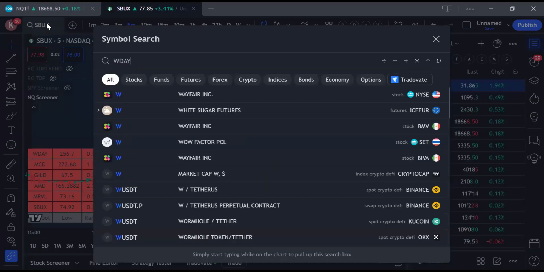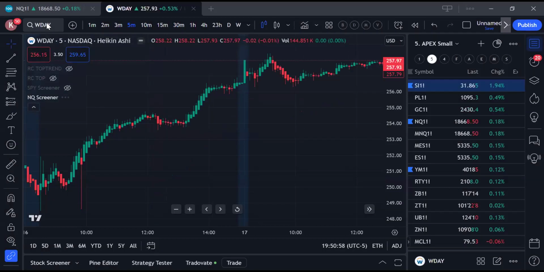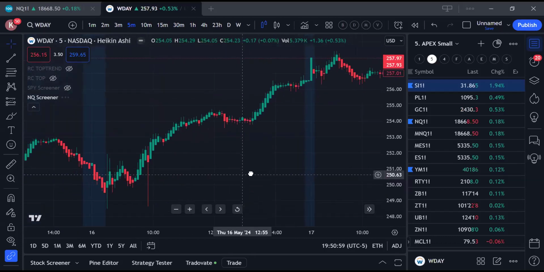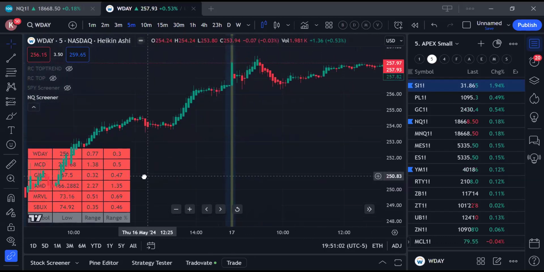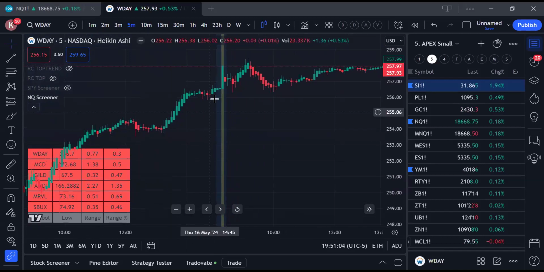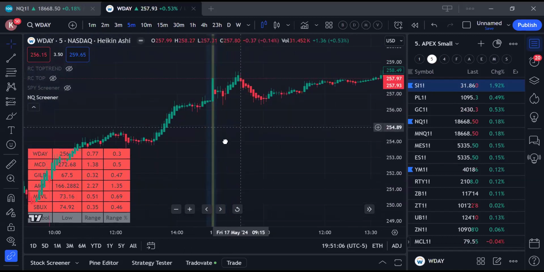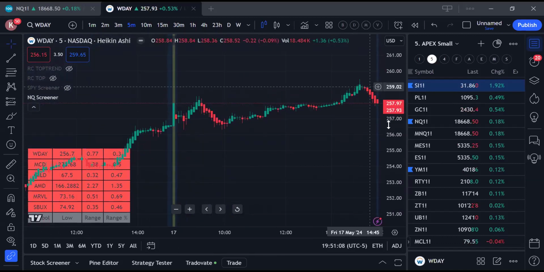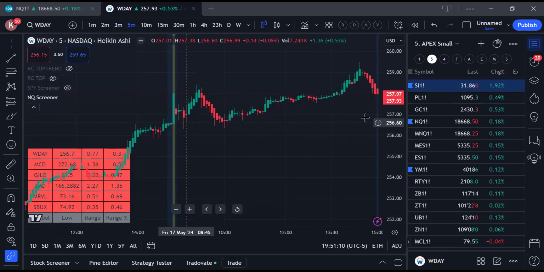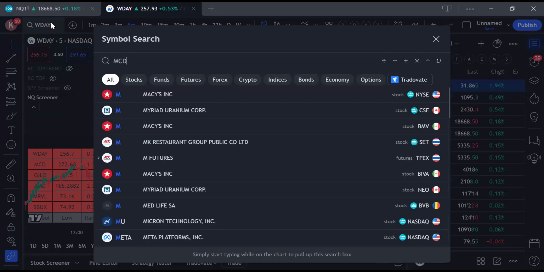Let's look at Workday, right? Started somewhere here. It went to the top from the bottom. It didn't move so much like others.